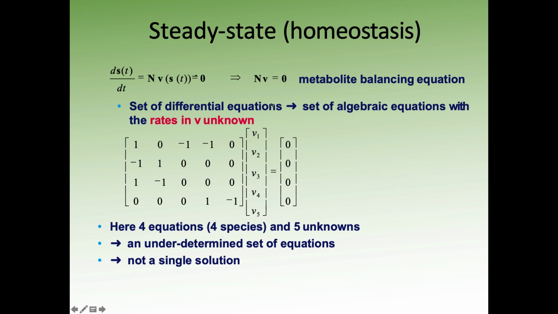Based upon this process, we can start to derive what these unknown rates V might be. So we know they equal zero. We know what the matrix of all these equation coefficients looks like. We can then go through and calculate what this V is here.